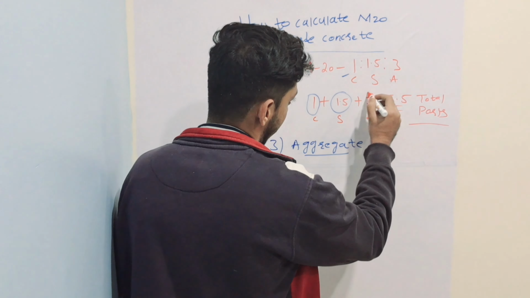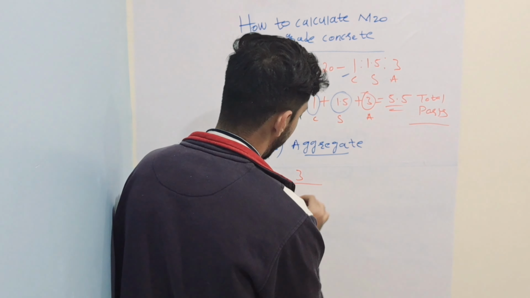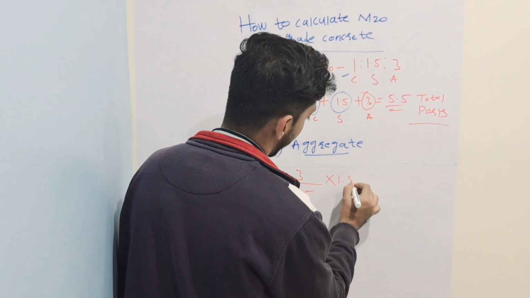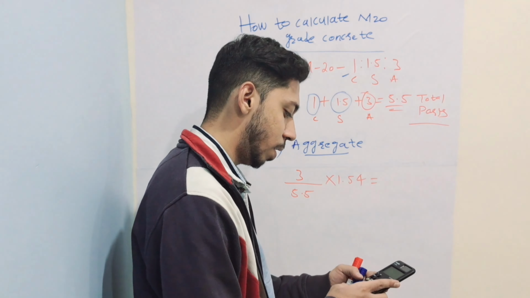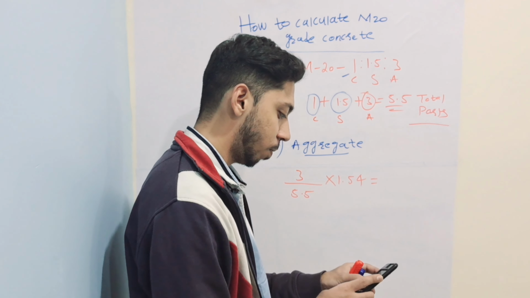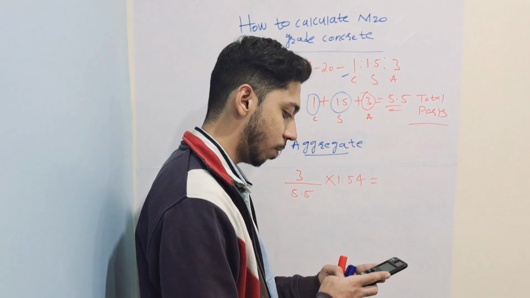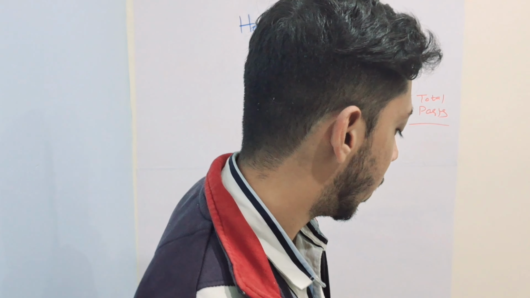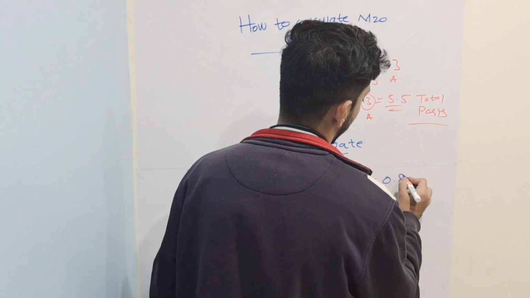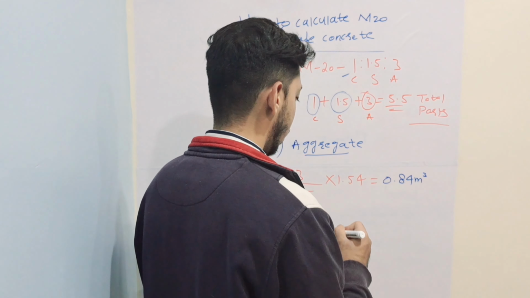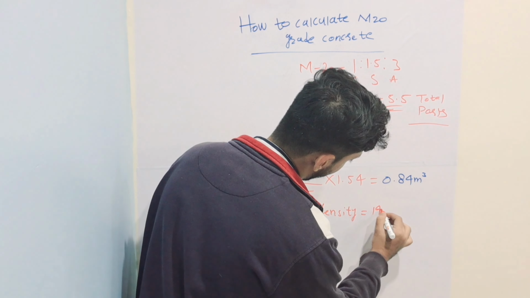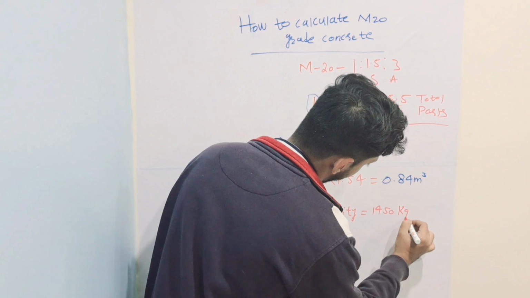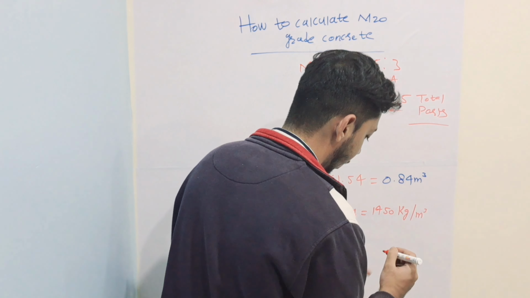For aggregate, we take 3 parts of aggregate divided by 5.5, multiplied by 1.54. We get 0.84 meter cube. The density of aggregate is 1450 kg per meter cube.